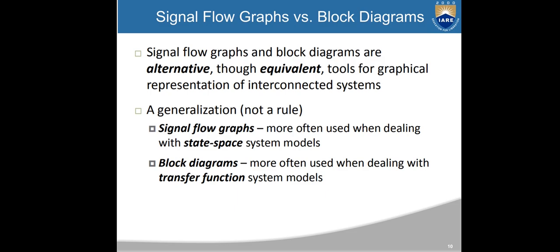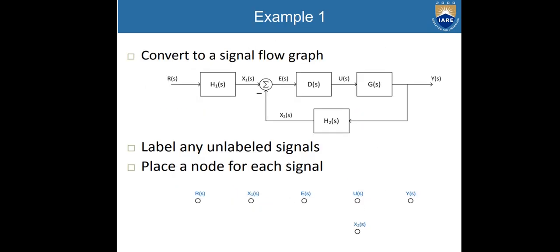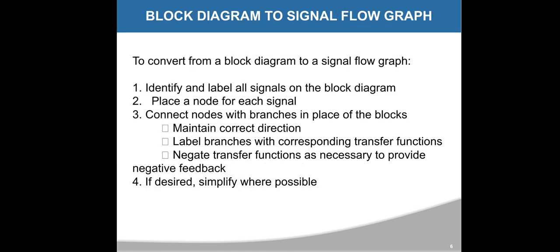And these are the signal flow graphs and the block diagrams. We should never forget the rules. To convert from a block diagram to a signal flow graph, identify and label all signals on the block diagram. Place a node for each signal.